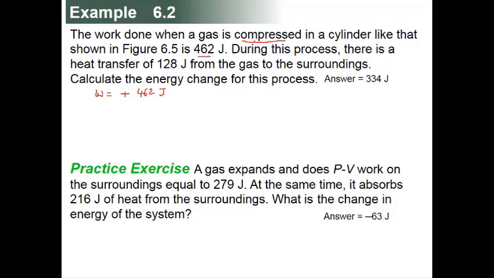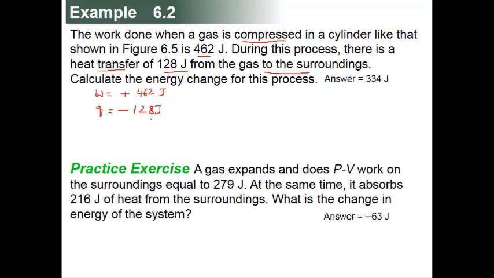This is compressed, so it will be plus. And then we say here 128 is the heat transferred to the surrounding. To the surrounding means going out, from system to surrounding. So this is quantity of heat going out of the system, minus 128 joule.